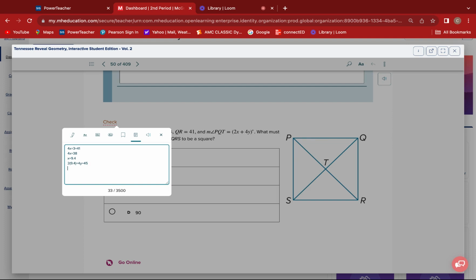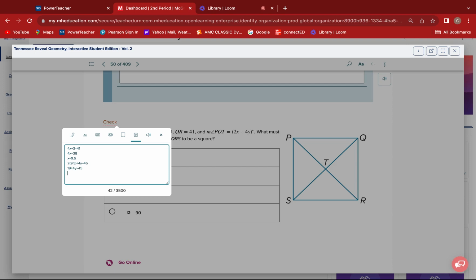Okay, so 2 times 9. I said, I made a mistake, you guys. It should actually be 9.5. I typed it in wrong. My apologies. So 2 times 9.5 is 19. Bring down 4y equals 45.